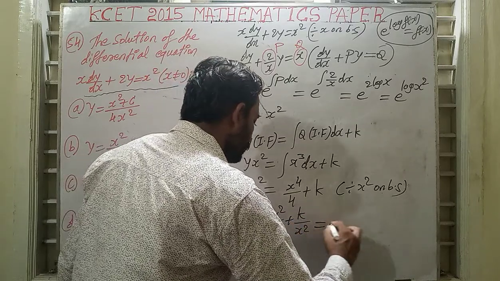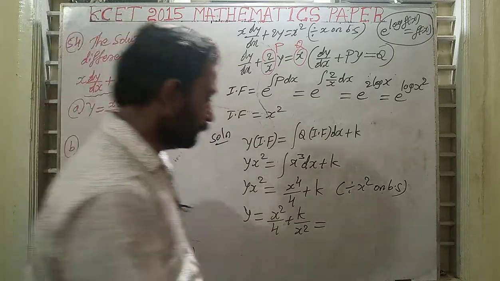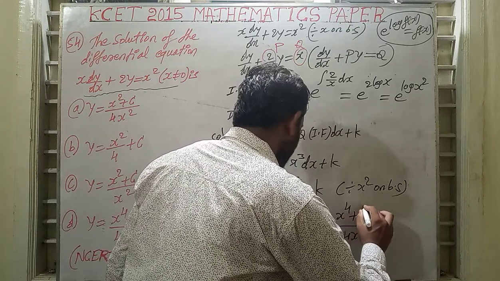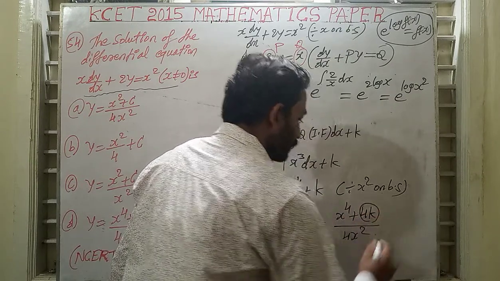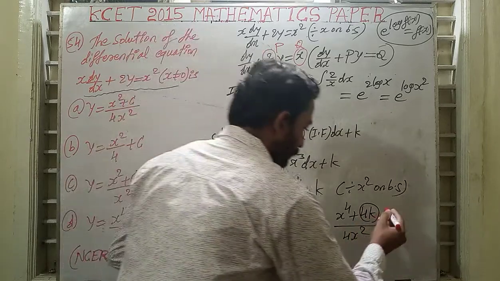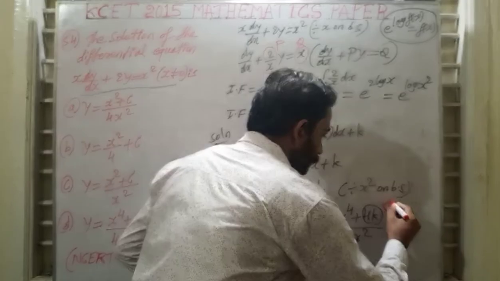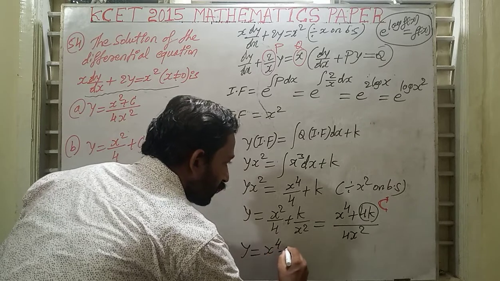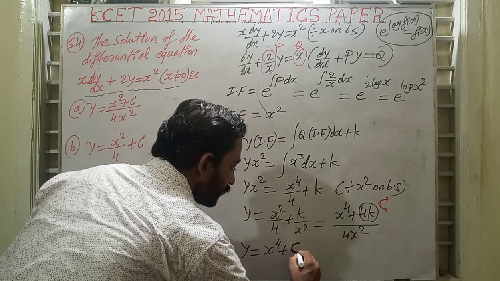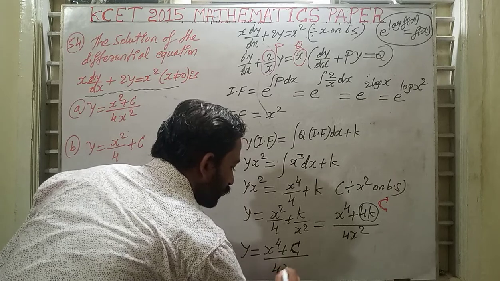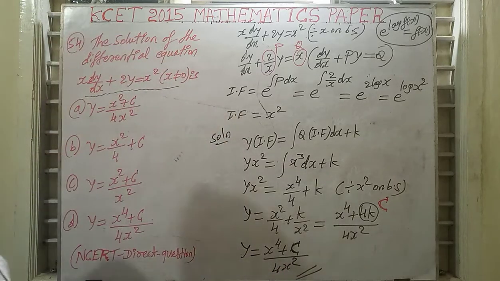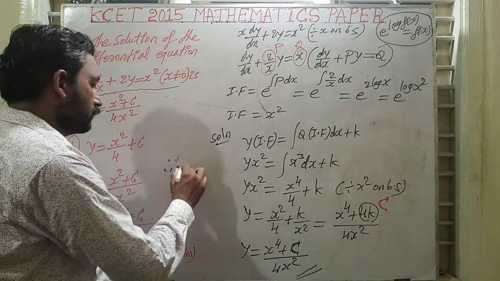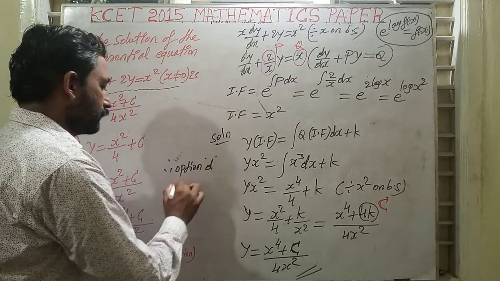Now simplify this, taking LCM 4 into x square, it becomes x to the power of 4 in the numerator plus 4k. 4k is the constant term, so it can be written as capital C. So we get the required answer: y is equal to x to the power of 4 plus capital C, divided by 4x square. So option D is correct in this case. Therefore option D is correct.